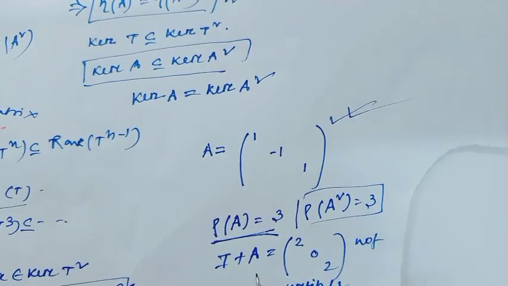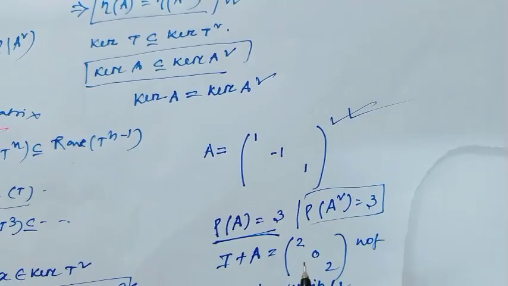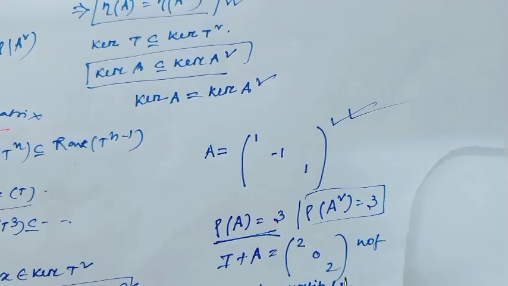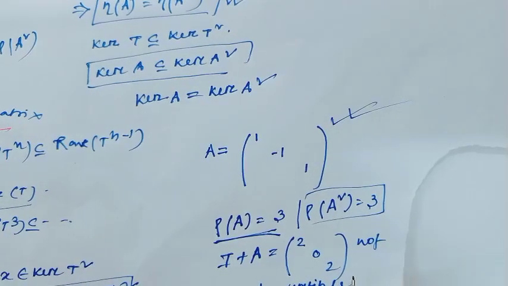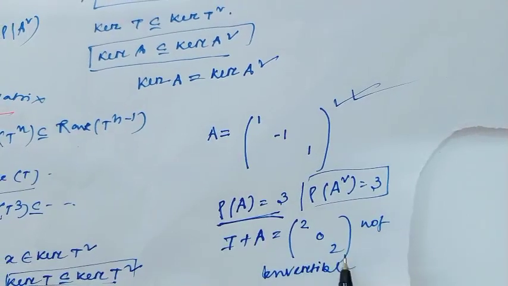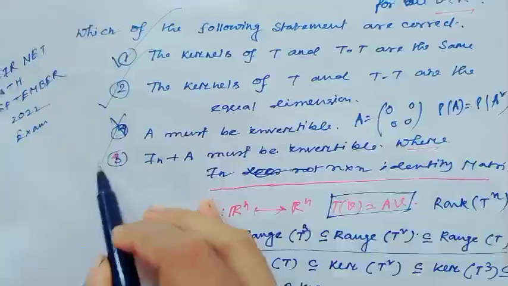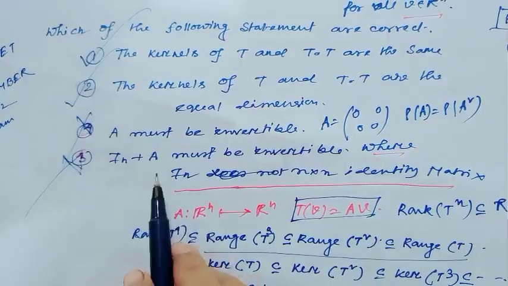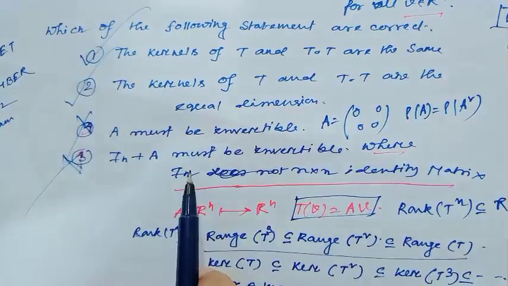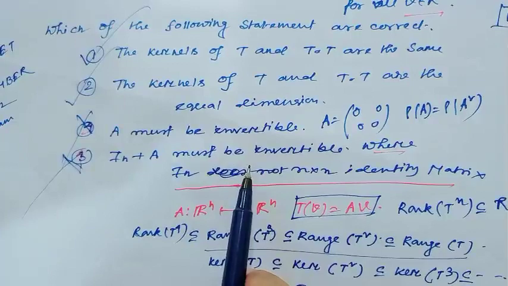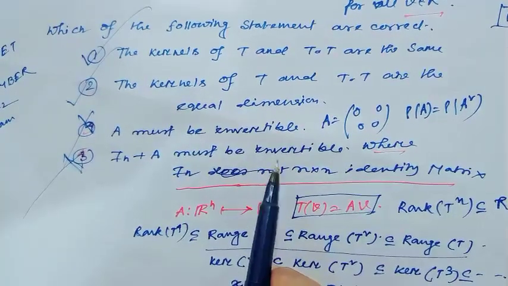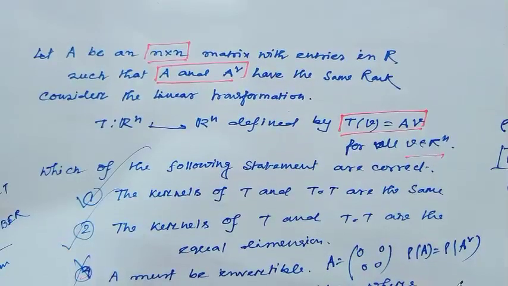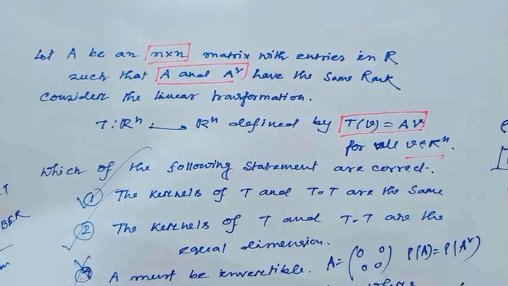But identity plus A equals this matrix with a 0 entry on the diagonal, which is not invertible. So option 4 is a wrong option, because identity plus A is not invertible. Have you understood? I hope all my viewers have understood.